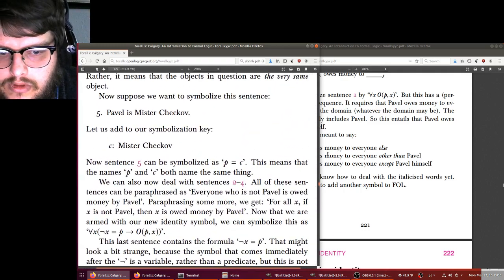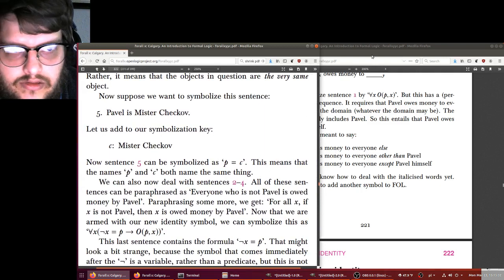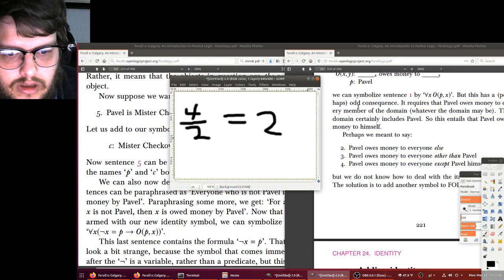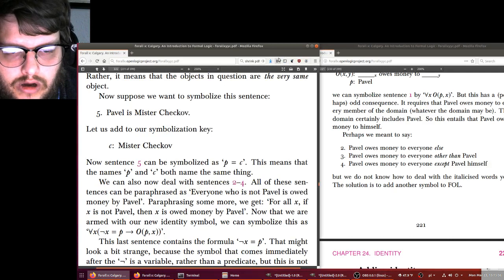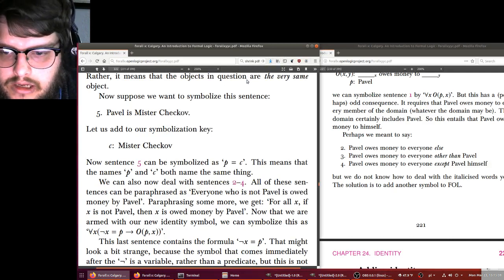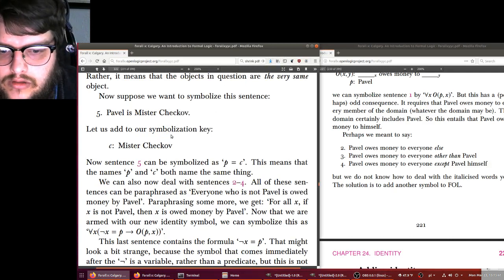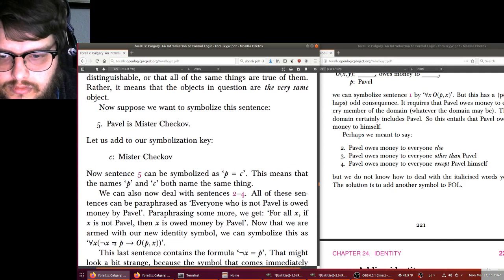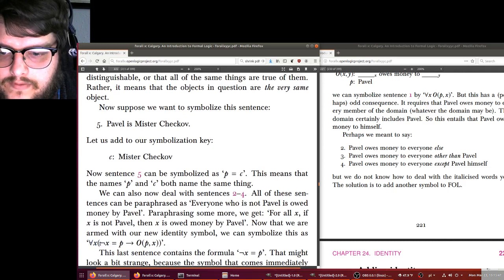Now each of these sentences are more or less the same. Okay, all the people who aren't Pavel have money owed to them by Pavel himself. So they symbolize it this way. For all X, if it's not the case that X is Pavel, then Pavel owes X money.